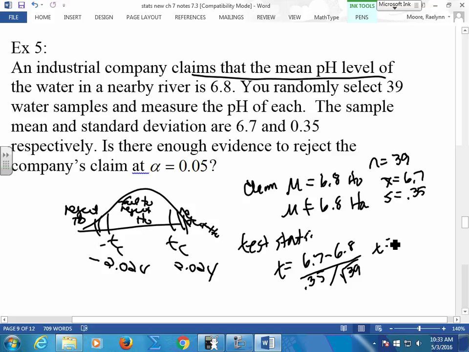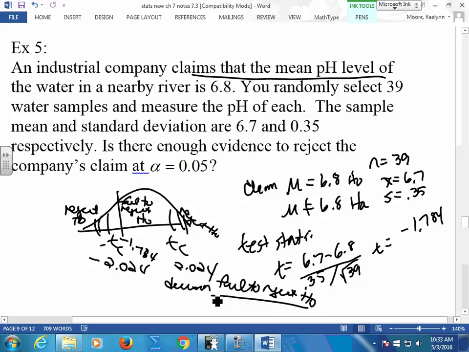And t is negative 1.784. Now, where does that fall? In the reject H0 or the fail to reject H0? Fail. Falls to the right of this guy. So my decision is fail to reject H0.